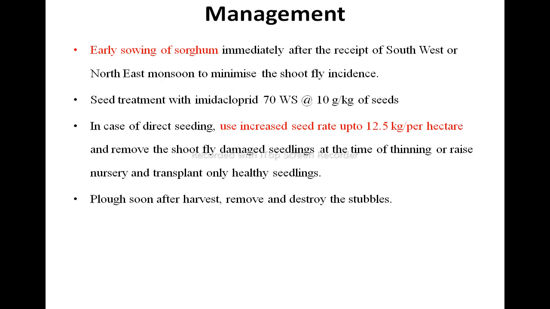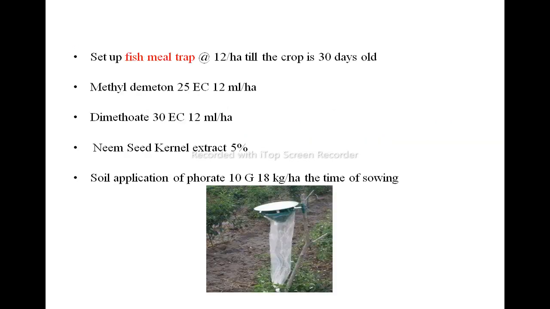And if the farmer is going for transplanting, then they need not take extra seed, but in the nursery they should remove the damaged seedlings that are affected by the sorghum soot fly, and then transplant the healthy seedlings in the field. And after harvesting of the sorghum, they should go for plowing and remove and destroy the stubbles.